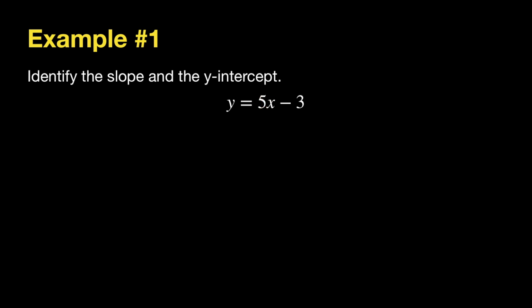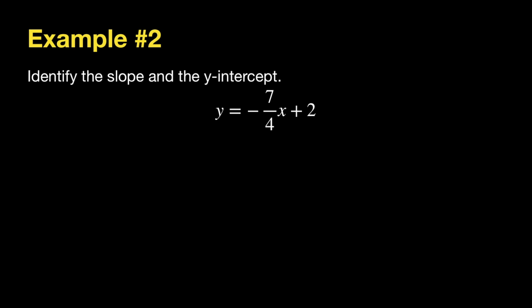So we will say m is equal to 5, because that is your slope. And then we have your y-intercept, and that's going to be the constant, the number that doesn't have a variable, and that's going to be negative 3. So we put b is equal to negative 3.